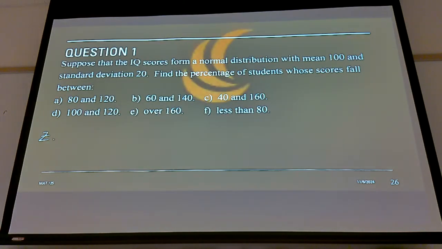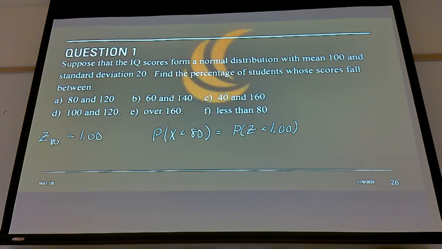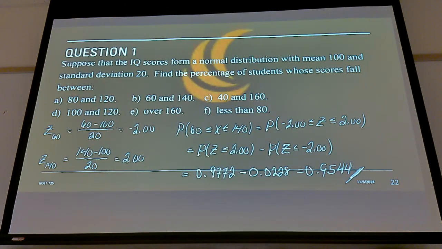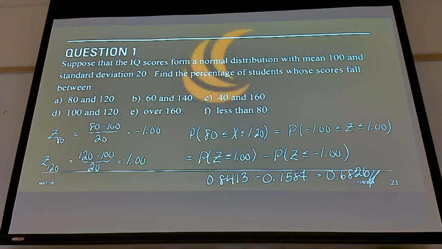Less than 80. What was the z-score for 80? So the probability that x is less than 80 is the same as the probability of z being less than 1.00. I think we found that one too already. That was up here, wasn't it? 0.8413.